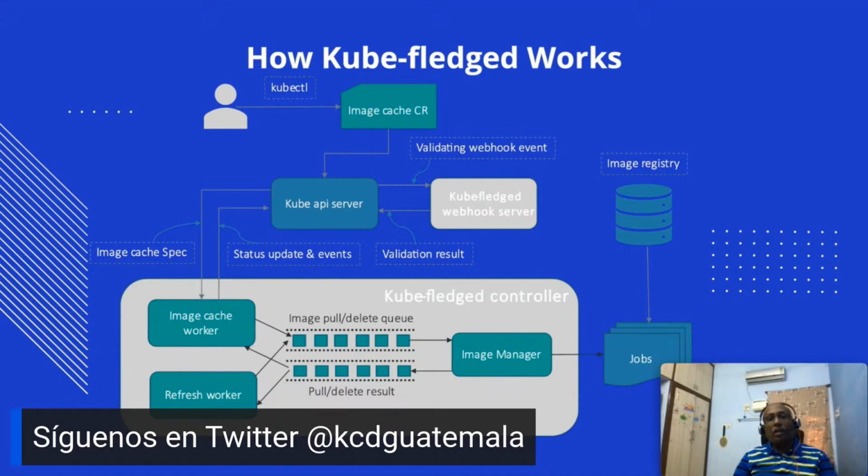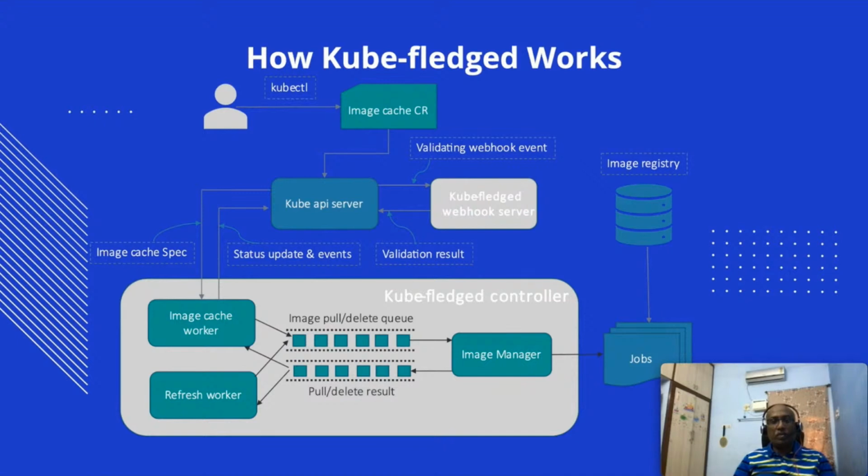And now, how kube-fledged works. If you are interested to know more details on how exactly kube-fledged works, this is the slide for you. As I said earlier, there is a custom resource called image cache, right? And this custom resource is actually exposed by the image cache CRD. And users will typically write an image cache manifest.